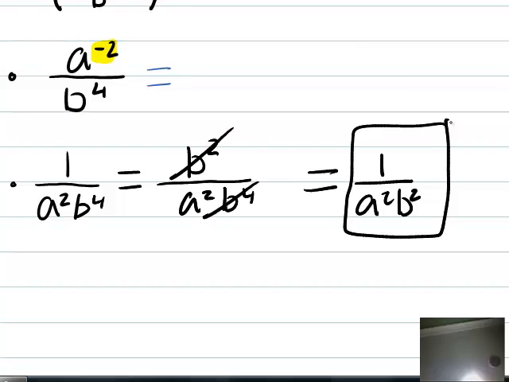Alright, last problem, guys. Okay, this one is going to be a bit more challenging than the ones we've done before. Actually, it's not too bad.